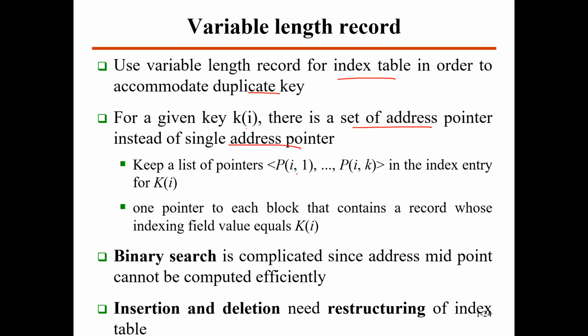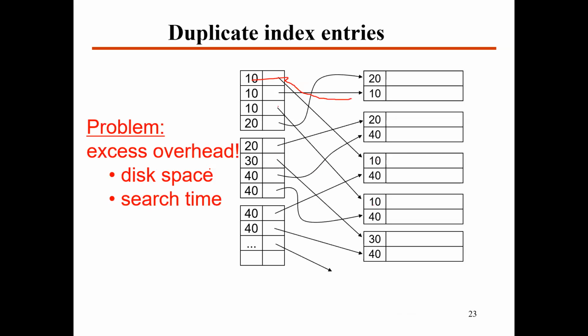So we keep a list of pointers for ki. For example, here, this is a key linking to a 10 inside the data file. And here we have one more key with a 10 linking to another 10. So now we can have only one entry, 10, and then many pointers. One this pointer, another this pointer, another this pointer.